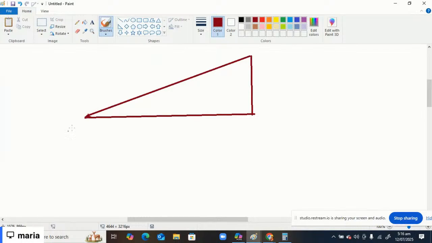So this is V, X, and W. That is 90 degree. So this one is your hypotenuse, which is 37. This one is your opposite, and that is your adjacent.